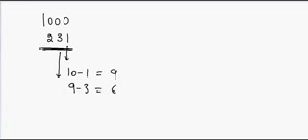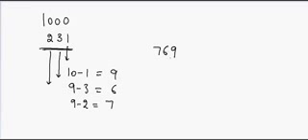In that case, first I'll take the first number and subtract it from 10, so 10 minus 2 is 8... Then I'll take the second number and subtract it from 9, that will be 6. Then I'll take the third number and also subtract it from 9, equal to 8. So my answer will be equal to 769.